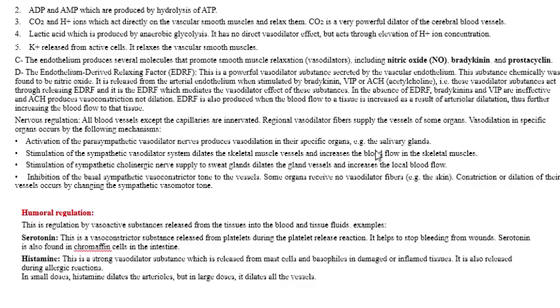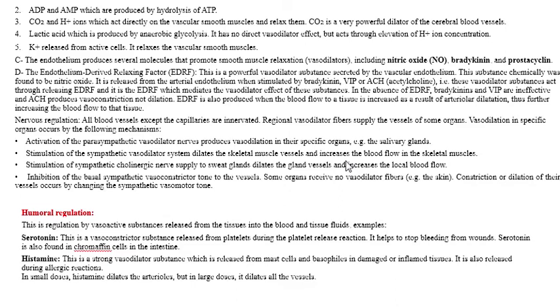For example, the salivary gland is also affected by the parasympathetic. Stimulation of the sympathetic vasodilator system dilates the skeletal muscle vessels, so there is increased blood flow in the skeletal muscle, for more contraction and more physical activity.